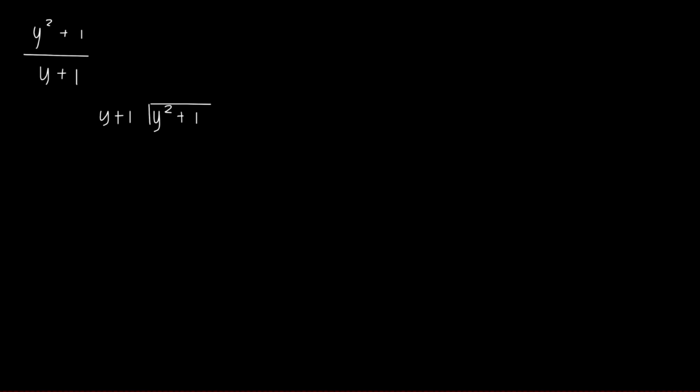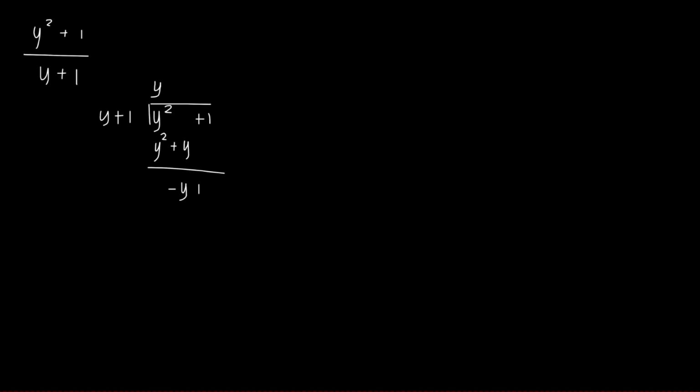Using long division, if we multiply y times y, we'll have y squared, y times 1 is plus y. Subtract, we have 0, this is negative y.